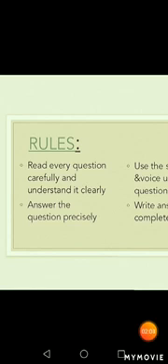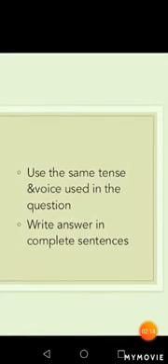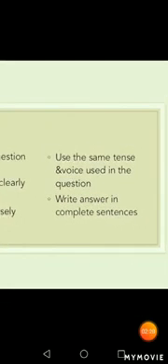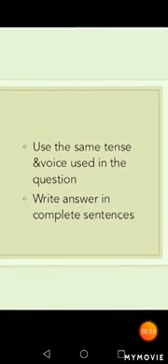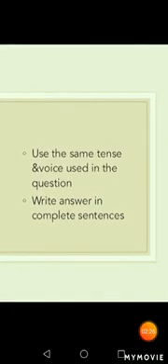Unnecessary details sometimes take you away from the main or required answer, so it should be to the point. Number 3, the tense and voice should be the same as used in the question. Number 4, avoid short, one or two worded answers. Write answers in complete sentences.